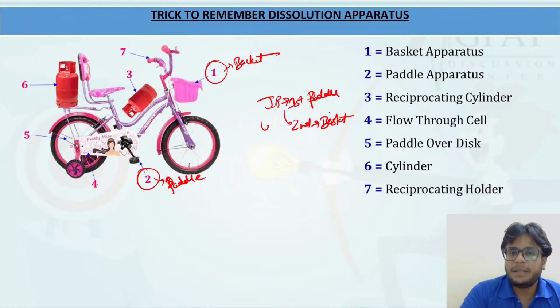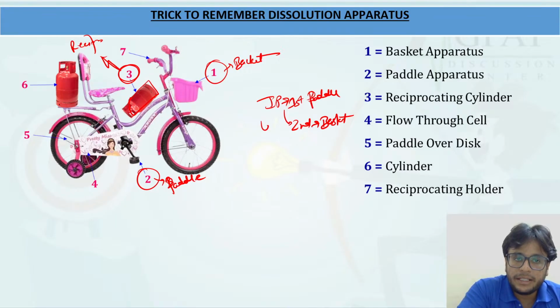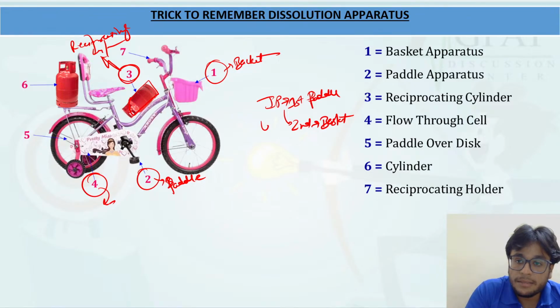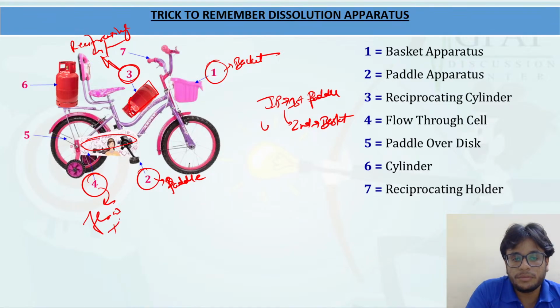But we are discussing the USP, United States Pharmacopoeia. The third one is the reciprocating cylinder. There is a cylinder present, tilted here, that is known as the reciprocating cylinder. Then the fourth is flow through cell. And the fifth one is the paddle over disc.